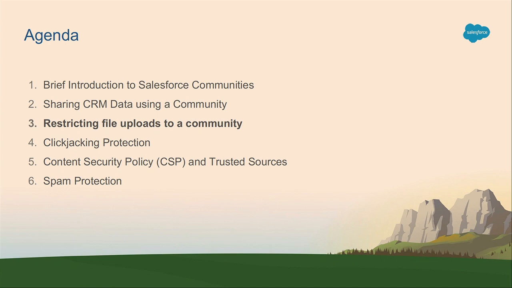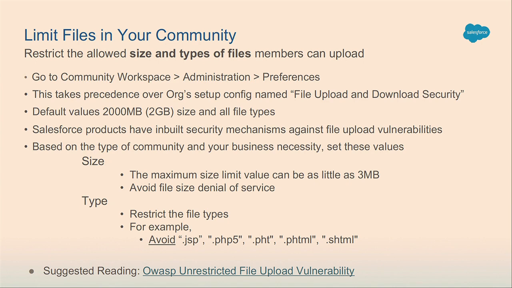So as you know, Community Cloud has an ability for your external users to upload files on your communities. And there is a way for you to configure the file types and file sizes that a community admin wants to allow their users on a particular community. That particular setting is under Community Workspace, Administration and Preferences, and I'm going to show you again in a demo.